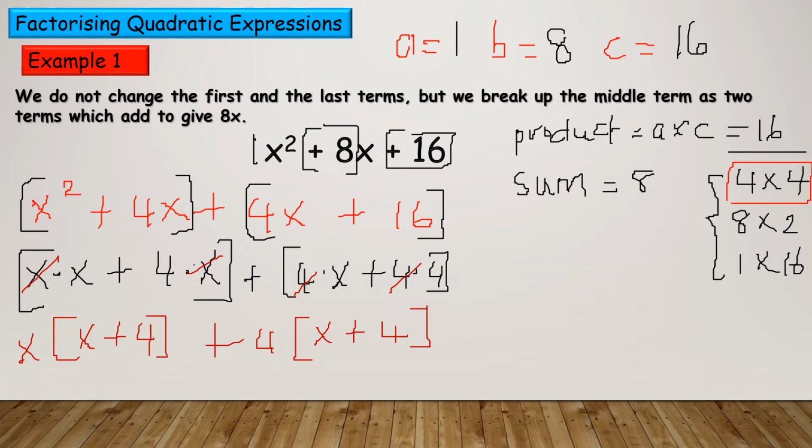Notice the two brackets have the same x plus 4. So one bracket is going to be x plus 4, and then we take what's on the outside, x plus 4. That's our final answer: x plus 4 in one bracket, x plus 4 in the other.